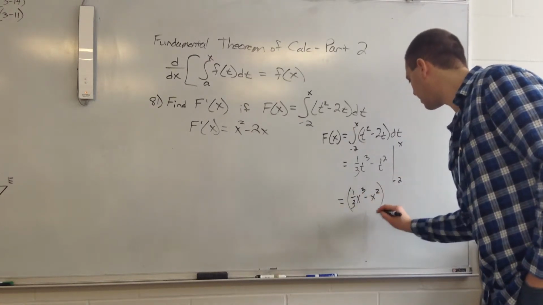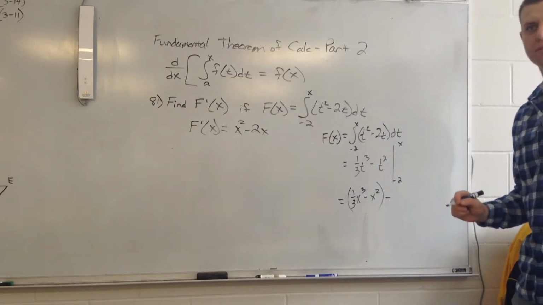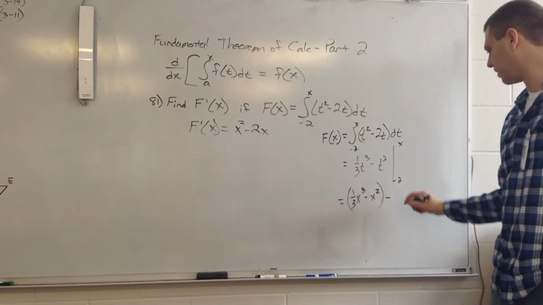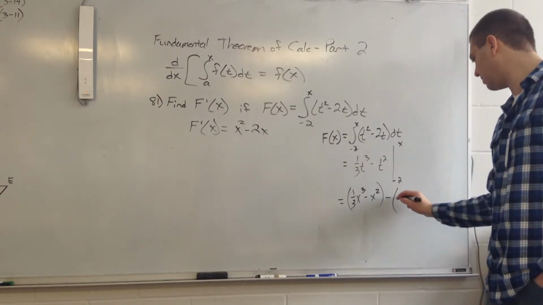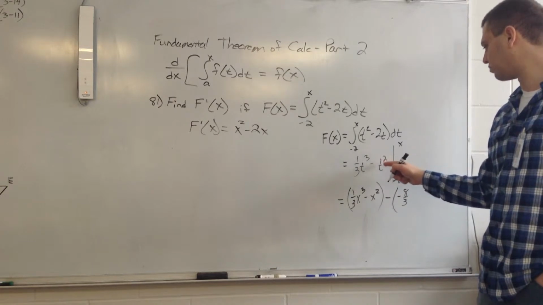Are we gonna have to show this work? Nope. Okay. I'm just showing you why it works and why it is as simple as it seems. So I plug in the x and get that, right? Then I plug in the negative 2. Negative 2 cubed is negative 8, so that'd be negative 8/3. Negative 2 squared would be 4.